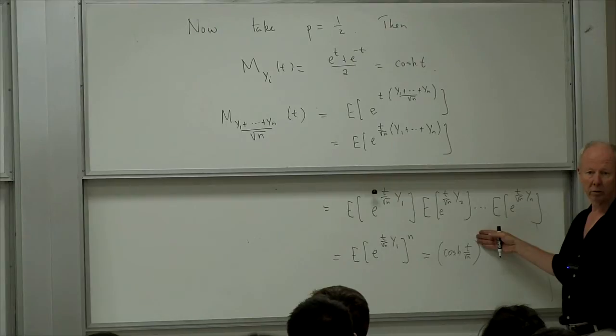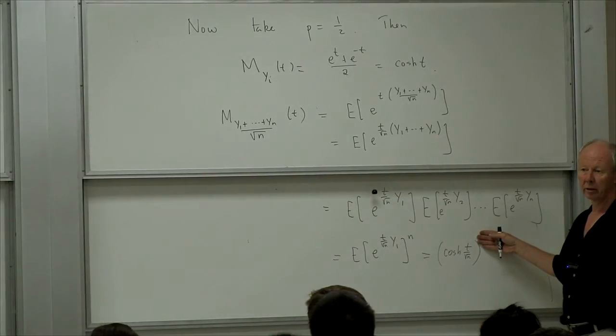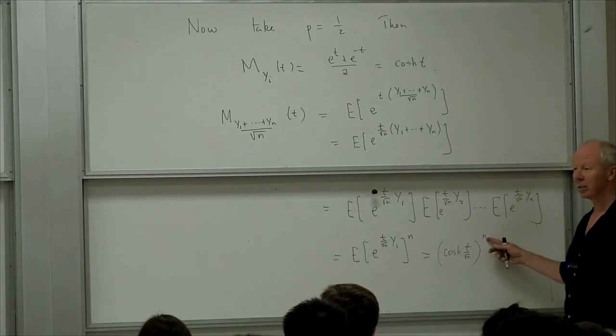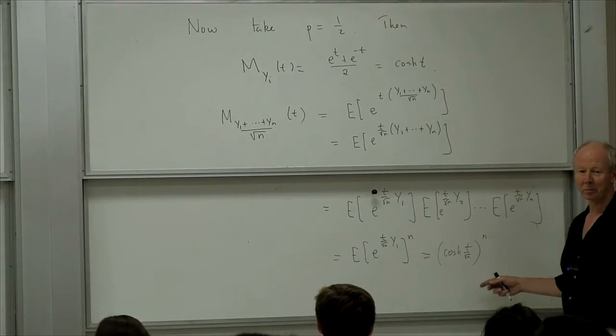It goes to hyperbolic cosine of 0, right? T over root n goes to 0. Hyperbolic cosine of 0 is 1. And 1 to the n is 1, right?